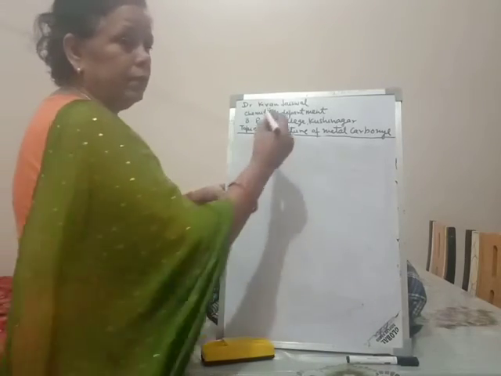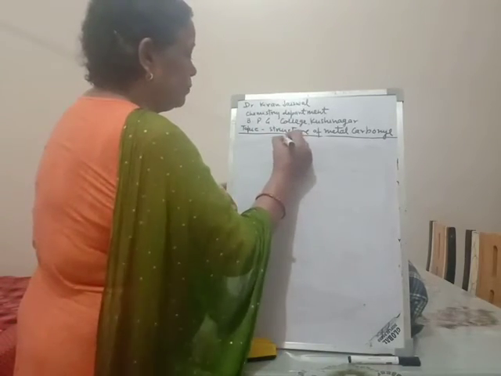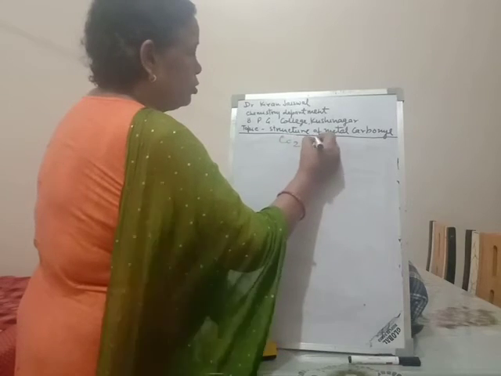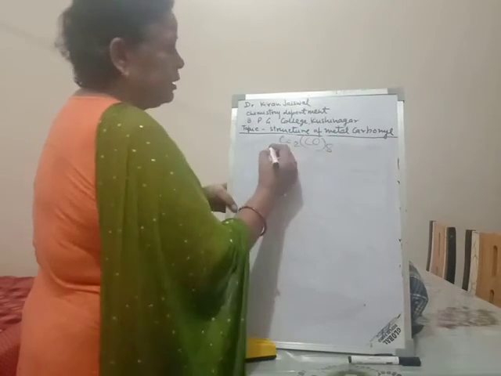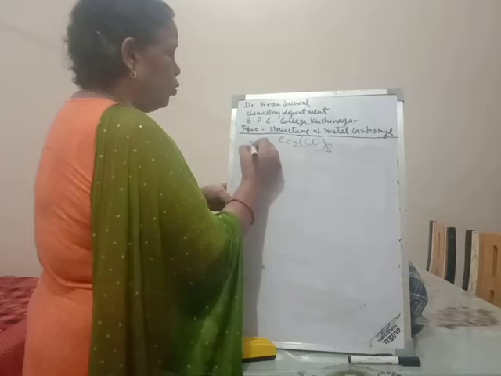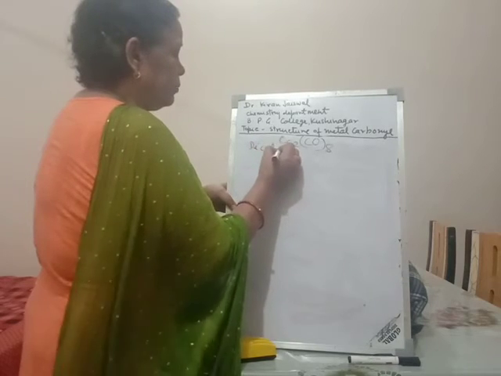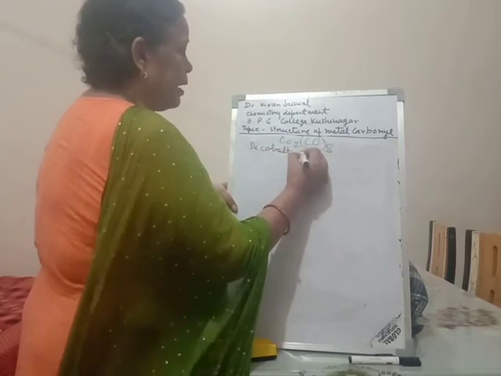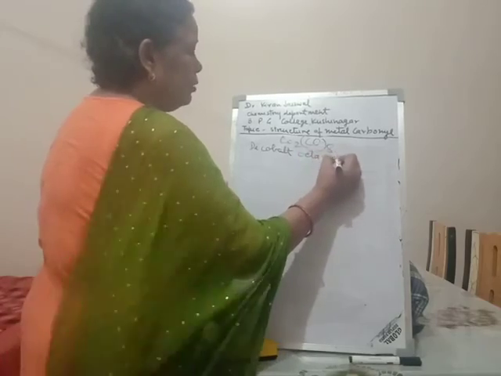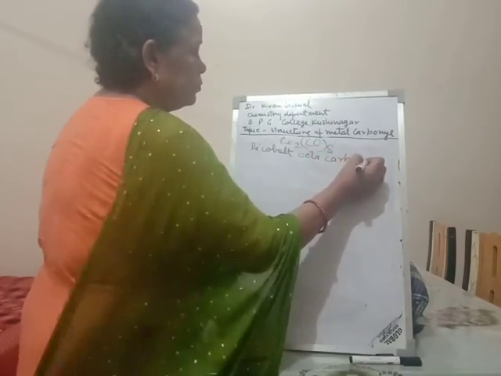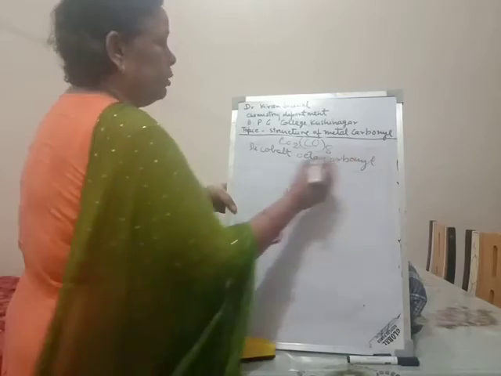Now you see the structure of Co2(CO)8, dicobalt octacarbonyl.